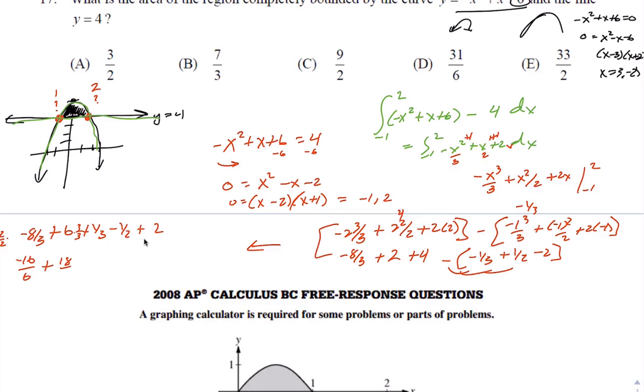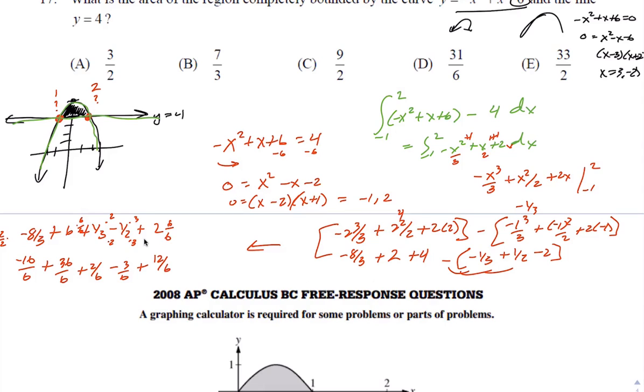So 18 over 6, I said, right? So this is 6, so multiply by 6 over 6. 36 over 6 times 2 over 2. So plus 2 over 6, times 3 over 3. So that's going to be minus 3 over 6, and then times 6 over 6.